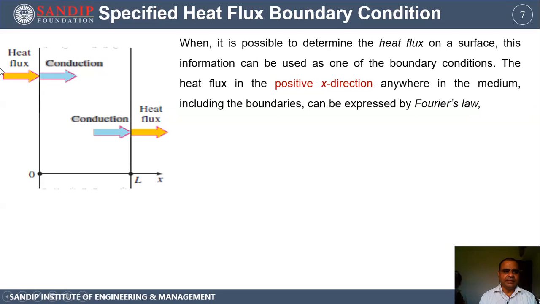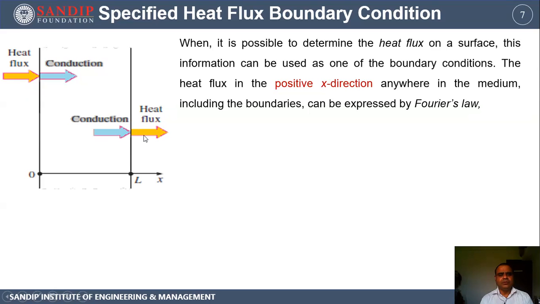Now, whatever heat flux is obtained at this boundary is going to get conducted through this surface. In other words, whatever is the conduction into this, the same amount of heat flux is going to be there on the other side, because we are assuming steady conditions. So if you assume steady conditions, then the heat fluxes are the same.